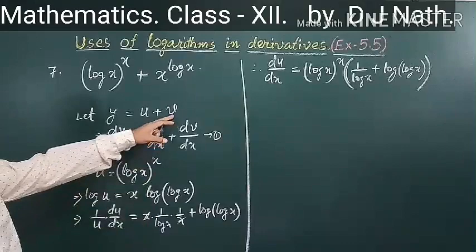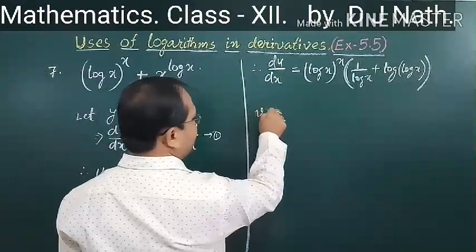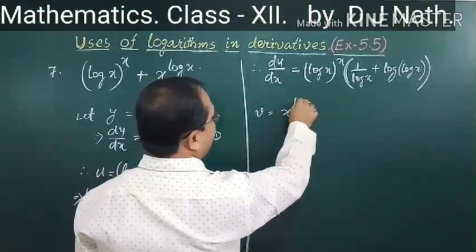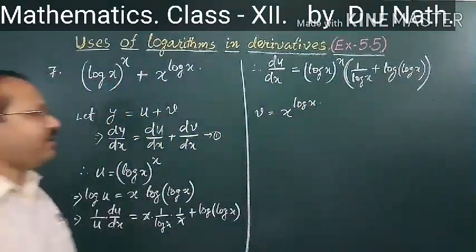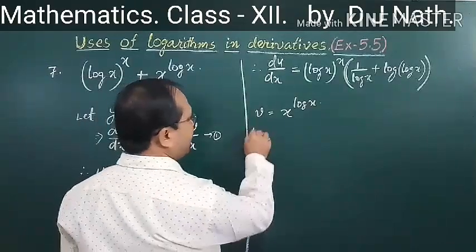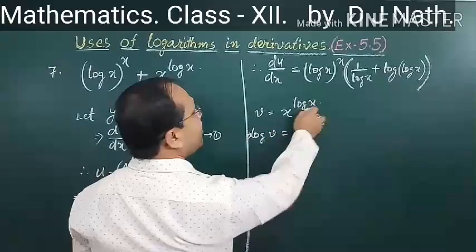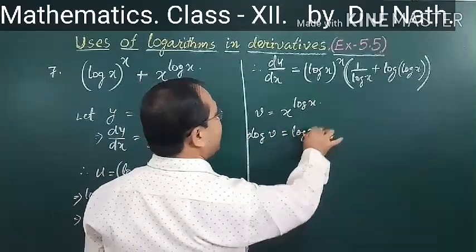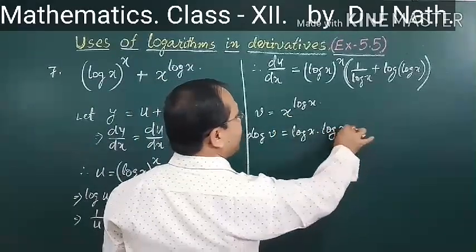Now what is v? v is x to the power log x. So log v is equal to log x into log x. Why?